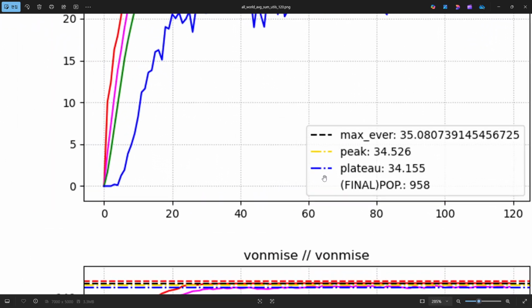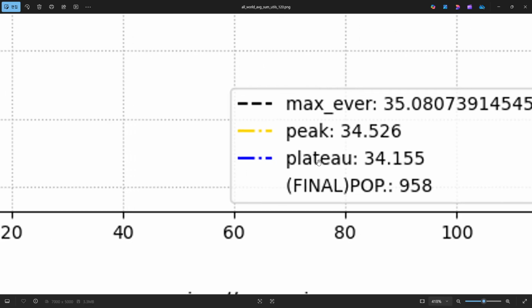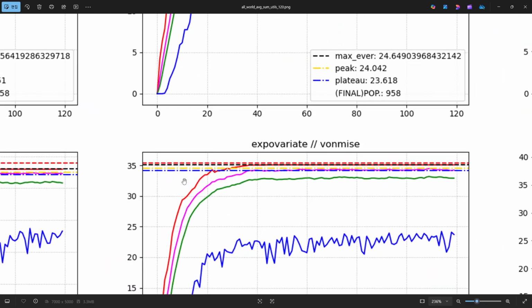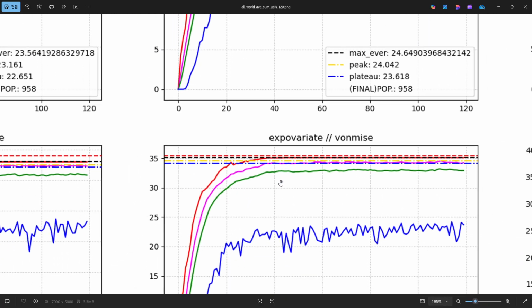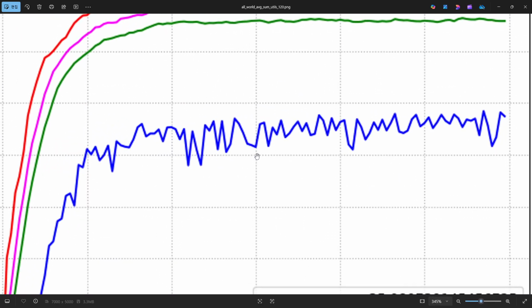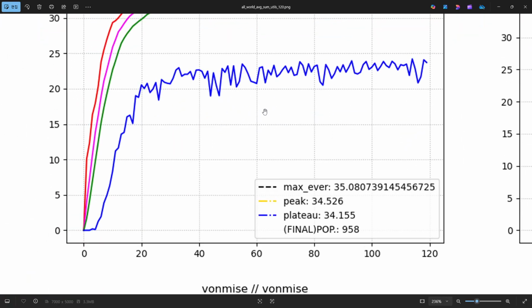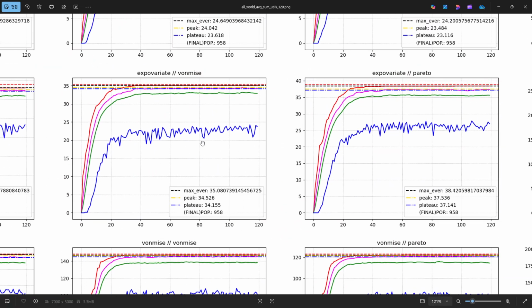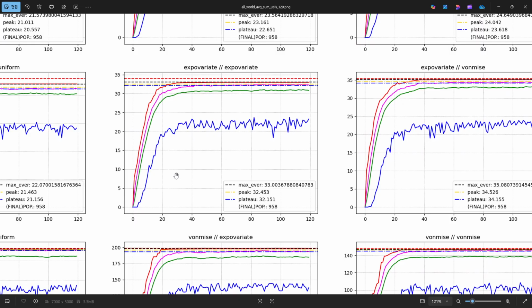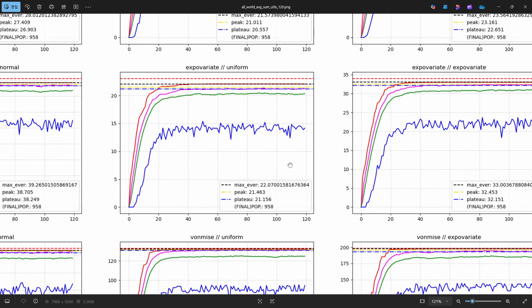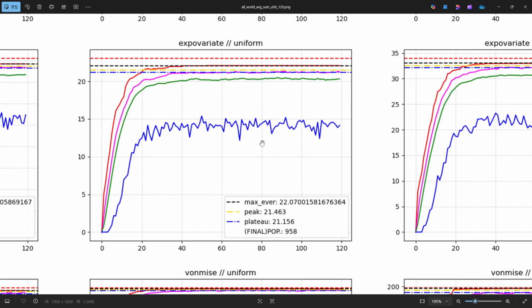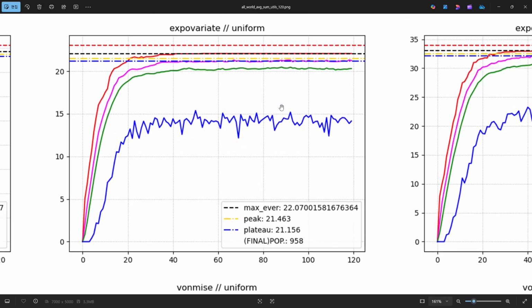This blue dash-dotted line is the plateau, which is not the same as the plot, this squiggly zigzaggy line for the tail entities. I know I could have assigned another color for this, but I didn't. My bad.